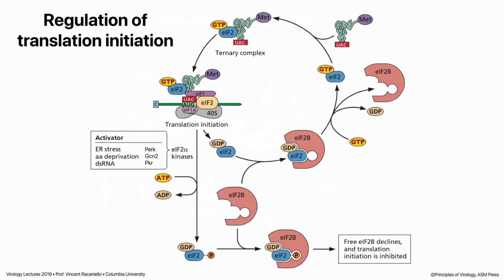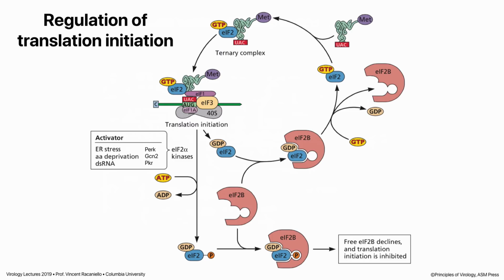And so in the case of ER stress, there's a kinase called PERK that phosphorylates EIF2. So here is the phosphorylation of EIF2. You take ATP, you put a phosphate on EIF2. Now you have GDP EIF2P. When this goes to be recycled for GTP, it binds EIF2B, but it can't be released.